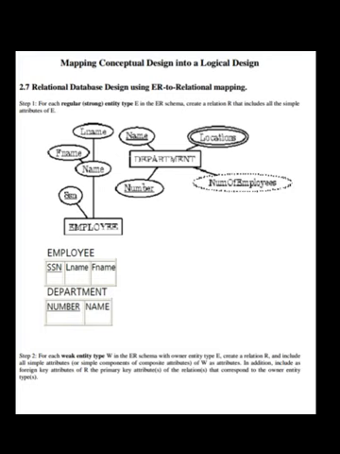Step 2, for each weak entity type W in the ER schema with owner entity type E, create a relation R and include all simple attributes or simple components of composite attributes of W as attributes. In addition, include as foreign key attributes of R the primary key attributes of the relation S that corresponds to the owner entity type E.